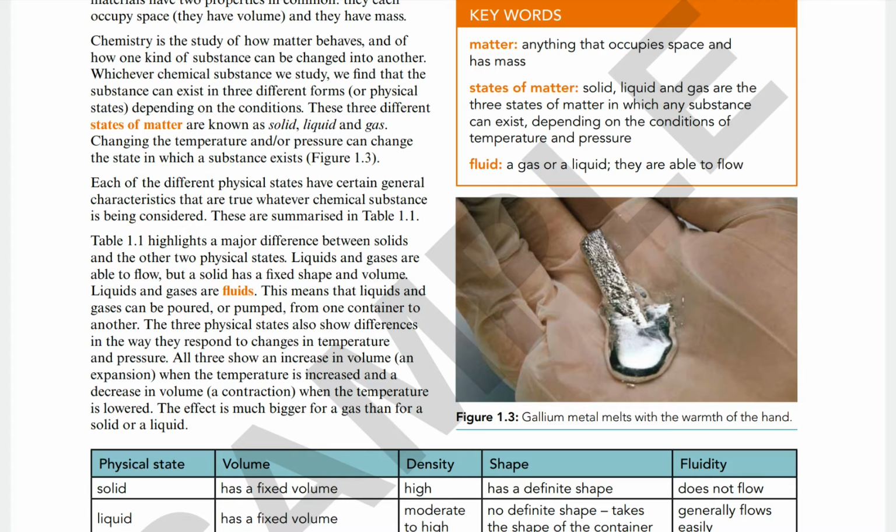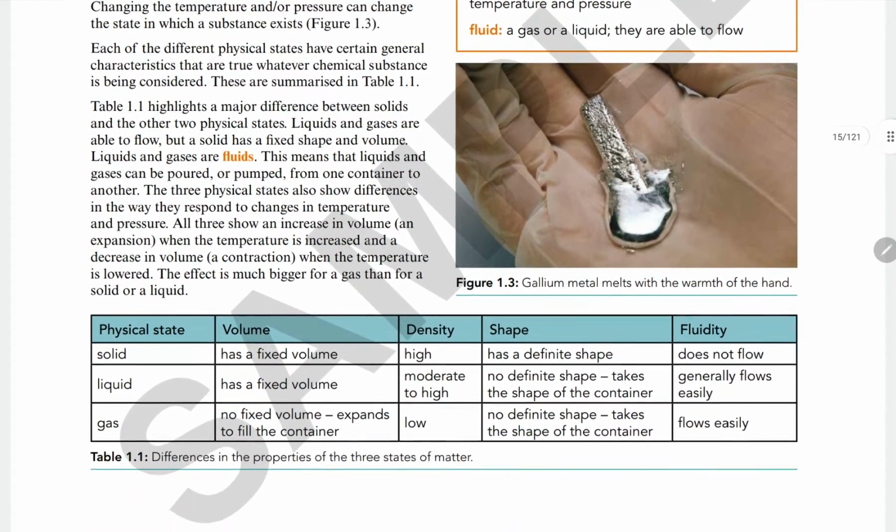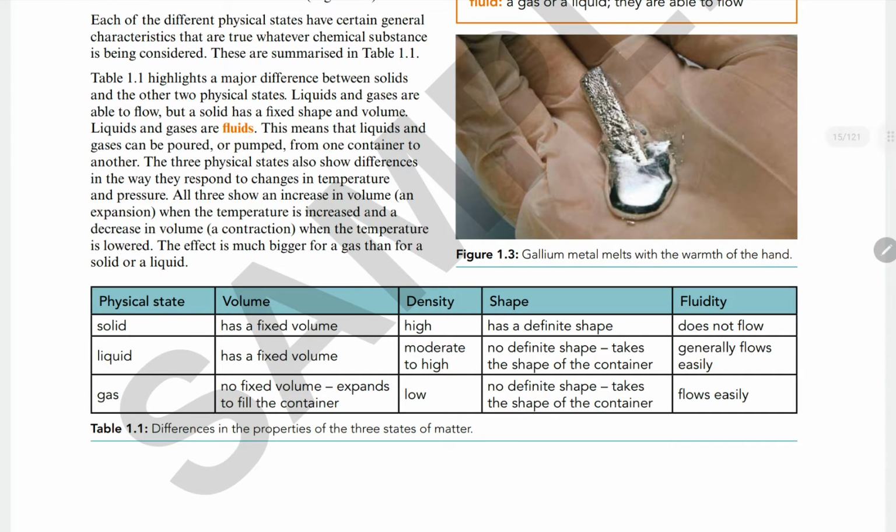So it will be followed by all the substances. Each of the different physical states has certain general characteristics that are true whatever the substance being considered. These are summarized in Table 1.1. So that is solid, whatever may be the substance. If the physical state is solid, it will have a fixed volume, and its density will be very high, because solid means it has an orderly arrangement, so it will be confined to a smaller volume.